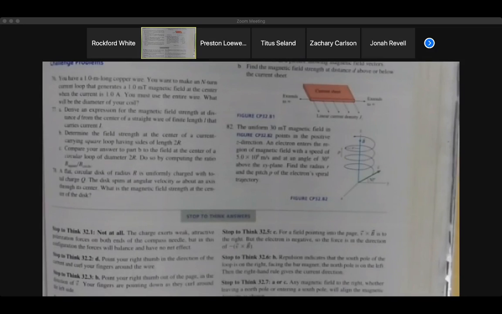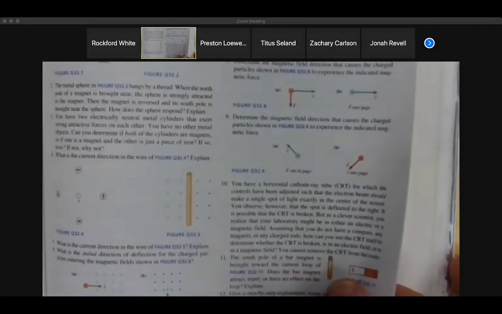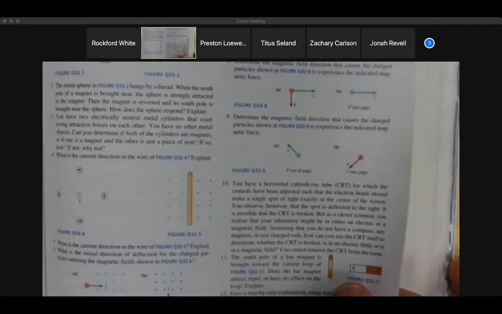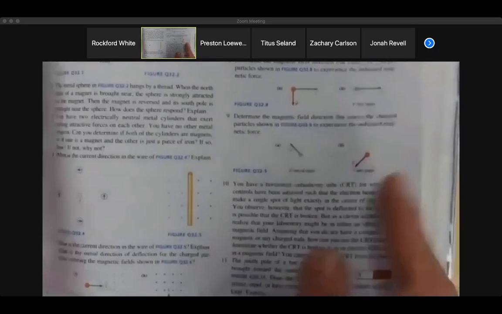We have a ready-to-go formula, right? There's one that I'm fairly used to, which is the radius of a charged particle's path in the presence of a magnetic field. Did they write that one in the chapter summary? Not quite, but we did.